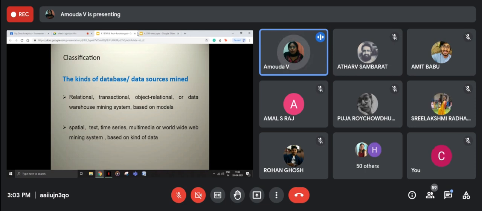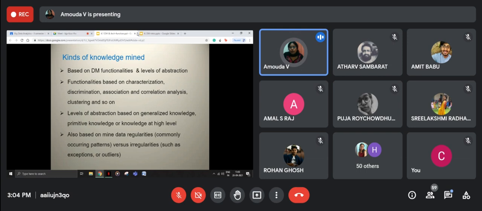Let me put it in general: any kind of data, either from the relational model or transactional or object relational or data warehouse. Anything in the form of pictures also, you can mine the data. Images also you can mine. That's spatial, text, all those multimedia, we can go for kind of data.